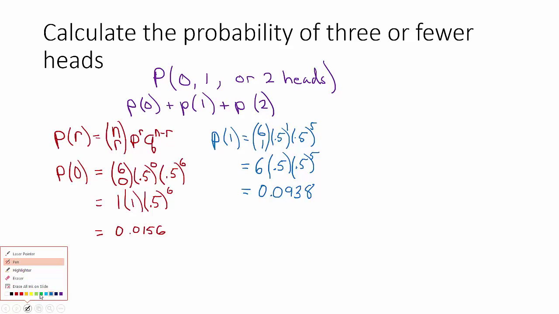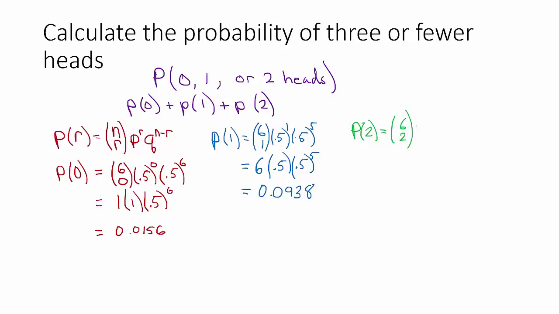Now for our final probability for this problem, we're looking at the probability of 2 heads. So now we have 6 choose 2. Probability of success is a half. With 2 successes, that means we are now down to 4 failures. And when you do 6 choose 2, you'll find there's 15 ways to choose 2 from 6.